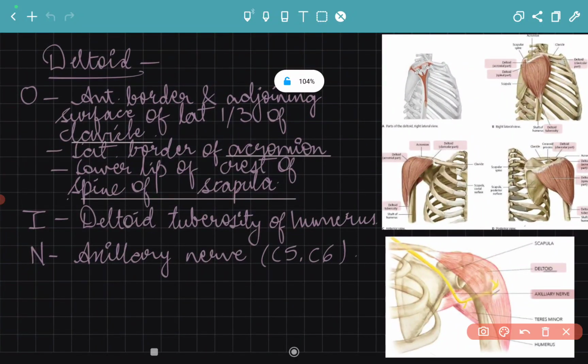So as we saw, the anterior border and adjoining surface of lateral 1/3 of clavicle will have one origin. The next one will be the lateral border of the acromion, and the third will be the lower lip of crest of spine. As we saw in the diagram, it covers the lateral 1/3 and anterior border of the clavicle.